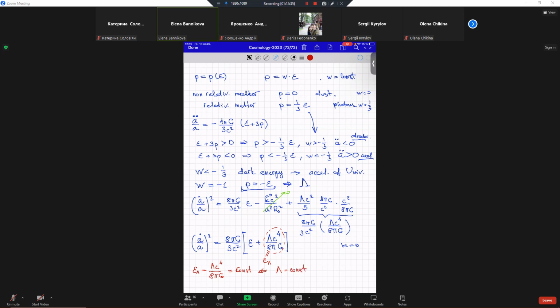Okay, and we can immediately see that we can consider the cosmological term as some form of energy which has such a property that its energy density is constant during all time of the evolution.